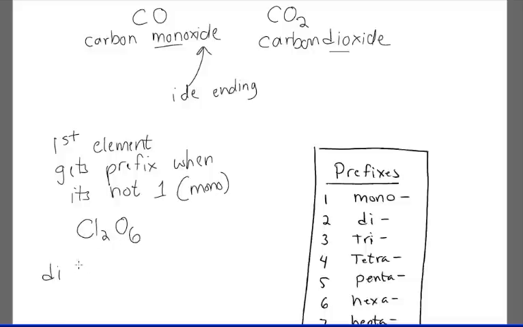So it would be di, which means 2, chlorine. The first element does not get an IDE ending, it's just dichlorine. And then the prefix for 6 is hexa, and you put oxide. Some books differ on whether or not you should put an A with an O, the two vowels together. Some of them will have you drop one of them. Either one is acceptable. So those are the general rules for naming molecular compounds.